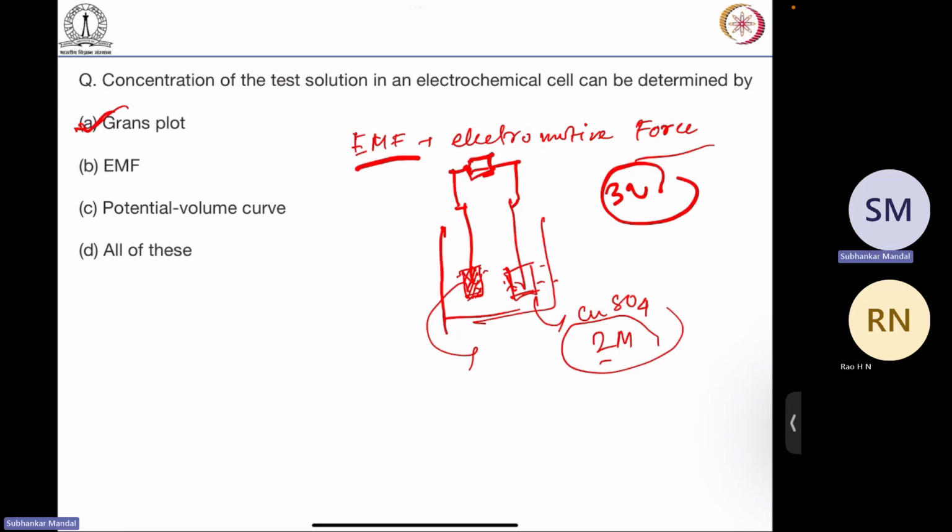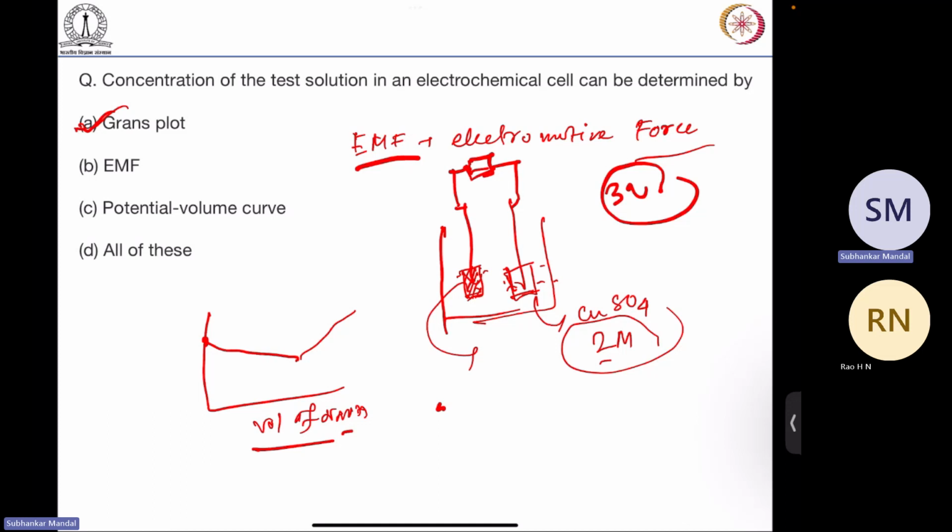And potential volume curve means how the potential changes when you are adding acid to base in a titration. Suppose you are adding NaOH to an acetic acid solution and plotting voltage versus volume of NaOH. If you don't know the concentration of acetic acid or NaOH, then you cannot tell the concentration of the test solution.